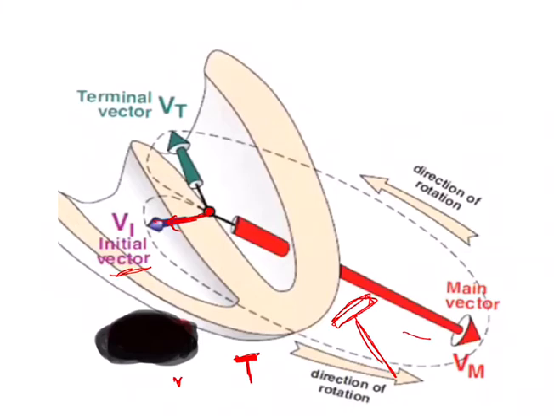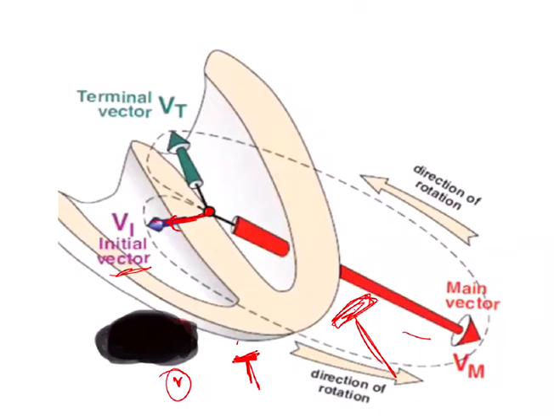Why did we get a negative deflection? Because the impulse is going away from this lead, we get a negative deflection, that is a Q wave.